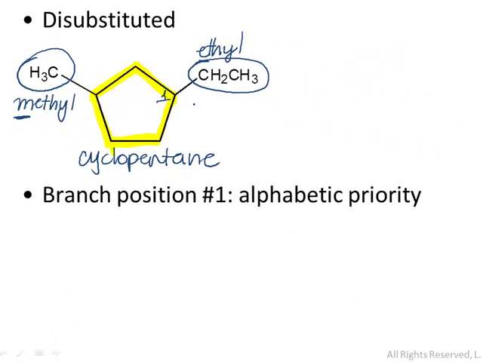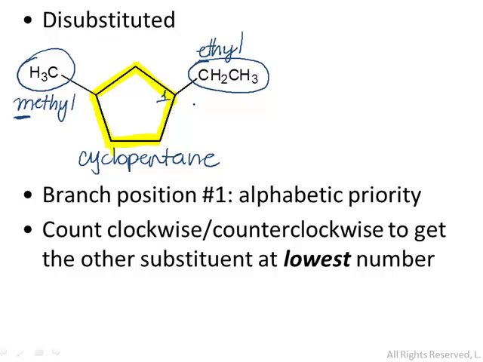There is not a rule about going clockwise or counterclockwise. Either one can be correct. But just like we saw with the branched alkanes, we want to get the lowest numbers possible. So I have a choice of whether going clockwise, as we number 1, 2, 3, and so on, or counterclockwise. Which one do you think we should do on this molecule?